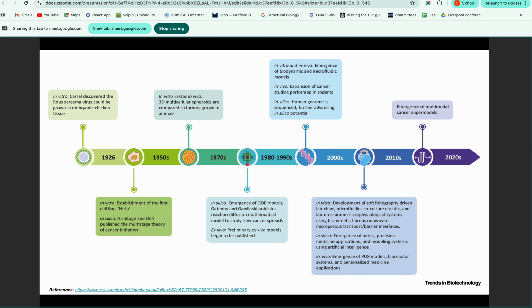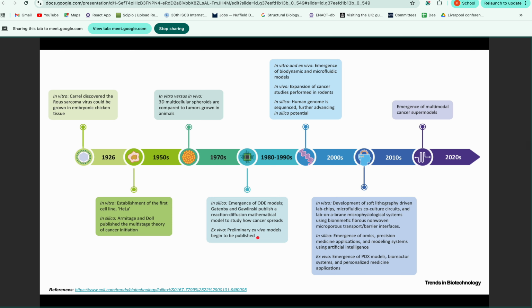Then after the 1970s, in silico emerged, with the emergence of ODE models, and Gatenby and Gawlinski published a reaction diffusion mathematical model to study how cancer spreads. So these ODE models mathematically model how the cancer is spreading, what is the equation which can tell you how the cancer is progressing with respect to time. So these are those models which were studied.